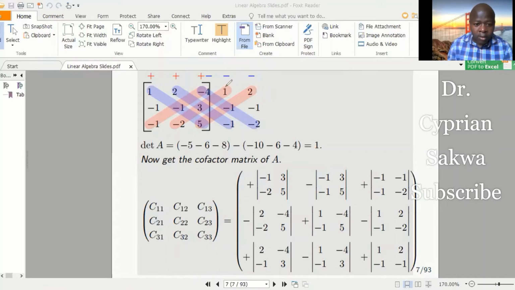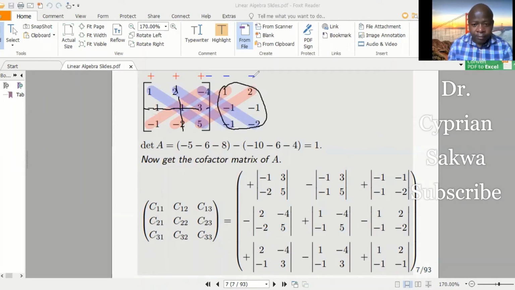We delete the row of that element and then the column of that element. We're left with 1, -4, -1, 5, and the sign is positive.